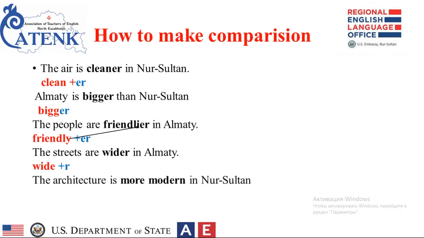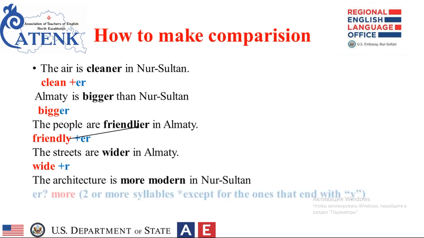The next example. The architecture is more modern in Nur-Sultan. Do we see er ending anywhere? No? But why? Before answering, can you tell me how many syllables the adjective modern has? Modern. 2 syllables.